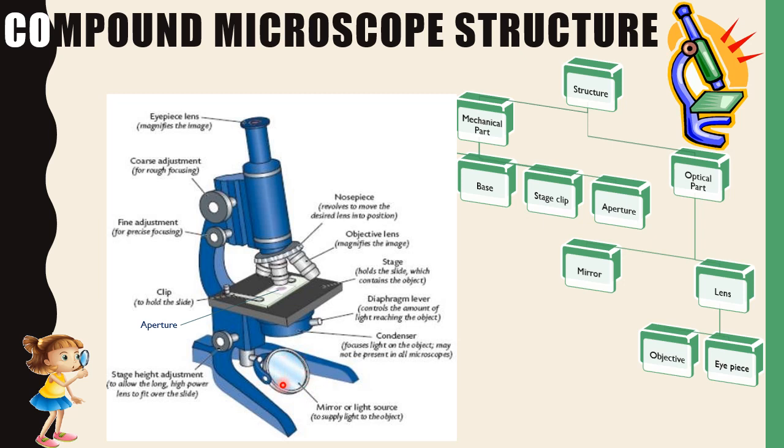What is the function of the mirror? The mirror takes the incident light and reflects it, it gets into the aperture, and the objective gets the light that passes through this aperture. So, this mirror is reflecting the incident ray that falls on it for further refraction through the objective and then through the eyepiece.